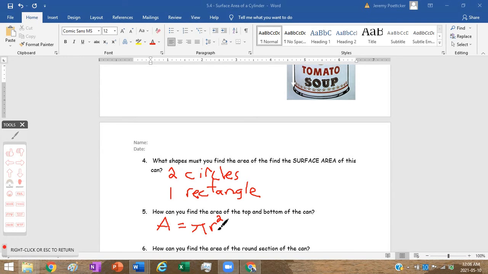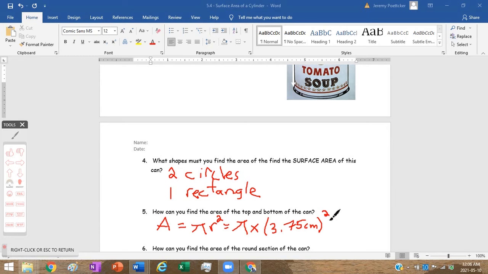Now what that means is pi times the radius squared. If I'm putting that in my calculator, I am going to generally be lazy, and I'm going to say area is equal to pi times the radius times the radius. Right? And then I'm not messing around with trying to make sure I got brackets or that my calculator is actually doing order of operations. So if I look at this particular can, all right, the radius is half the diameter. Diameter was 7.5. All right, so pi times 3.75 centimeters squared.